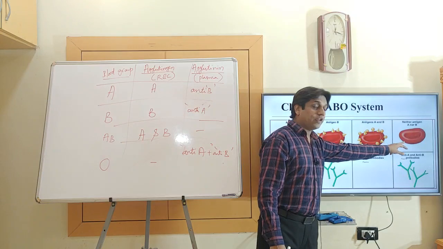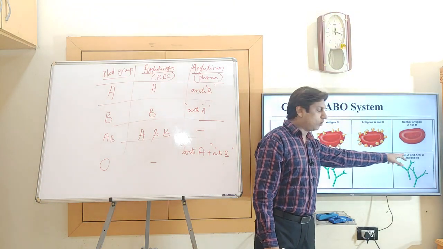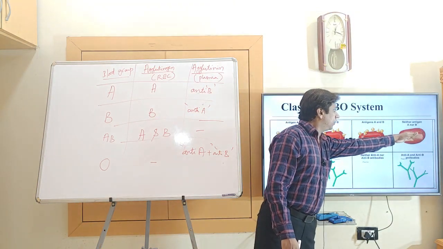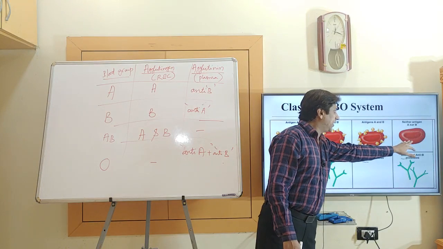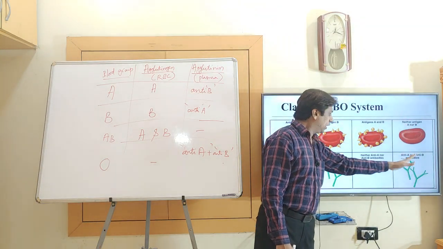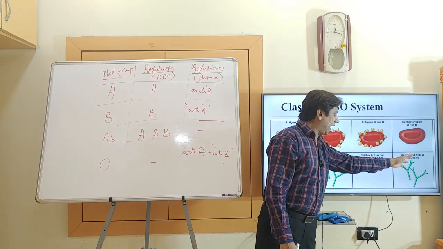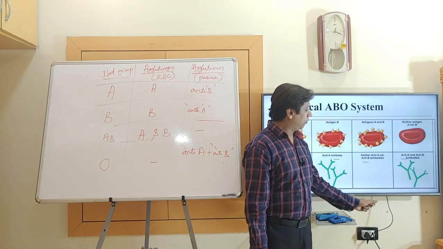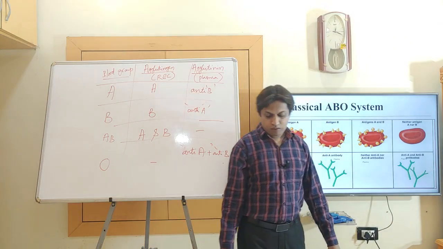In blood group O, there are no A or B antigens, and both anti-A and anti-B antibodies are present in the plasma.